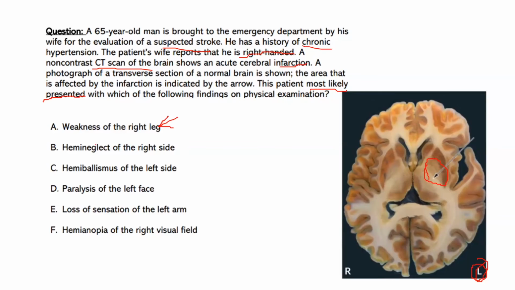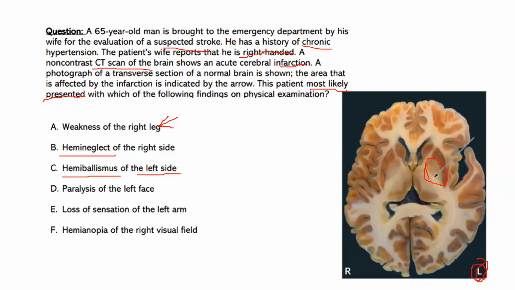You're not going to expect hemineglect since there's no real effect on the parietal lobe. This is the posterior limb of the internal capsule, not Wernicke's area. There's not going to be any hemiballismus on the left side, or paralysis of the left face.